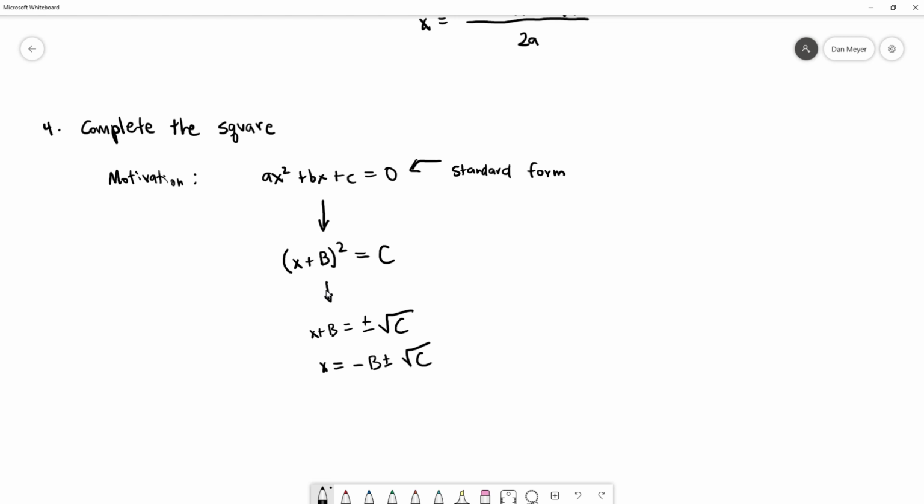So this step right here is the completing the square step, and they're going to show you how to do this in the video.